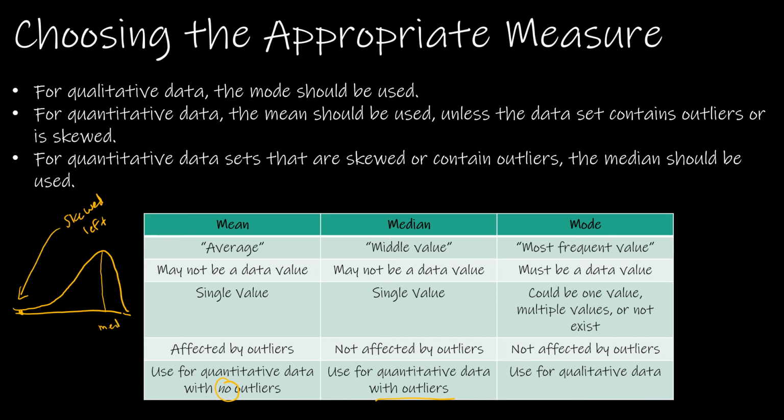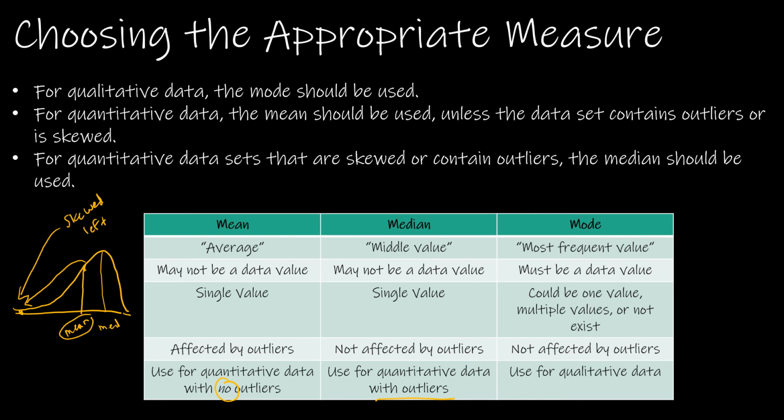I'm sorry, the mean and the median. So the median would be there, and the mean is going to be a little bit to the left of that. Now, why is it to the left? Because the mean is the average, and the average is going to take into account this very low value, and that's going to bring the mean down a little bit.